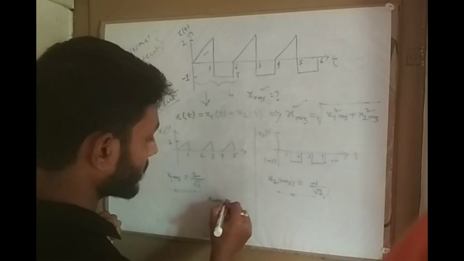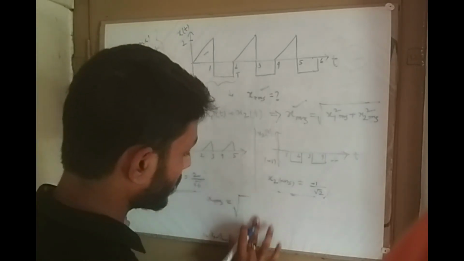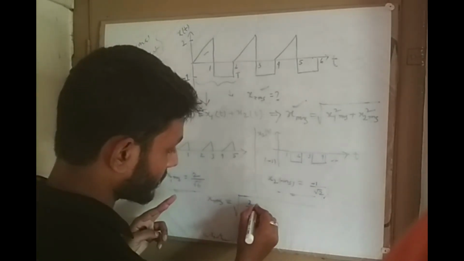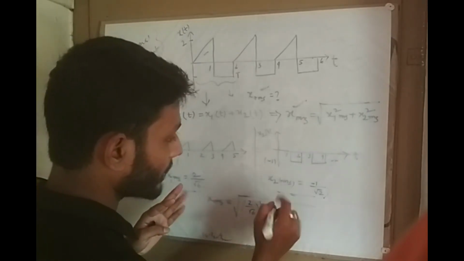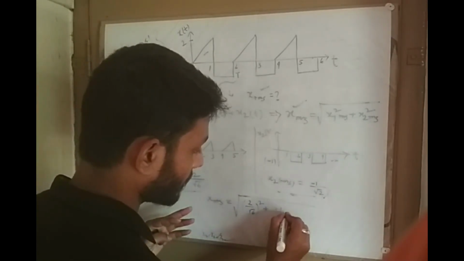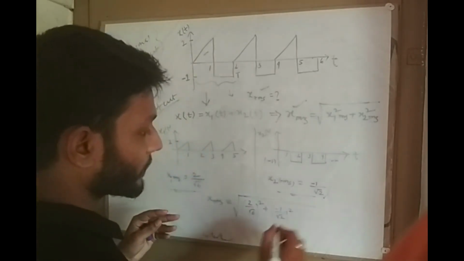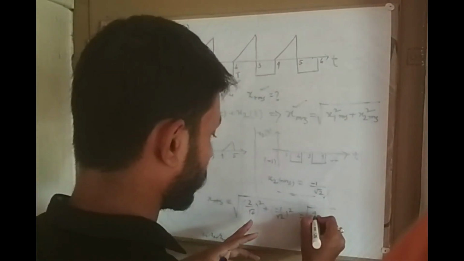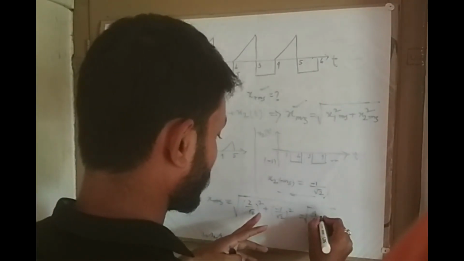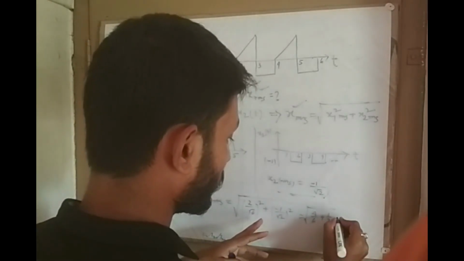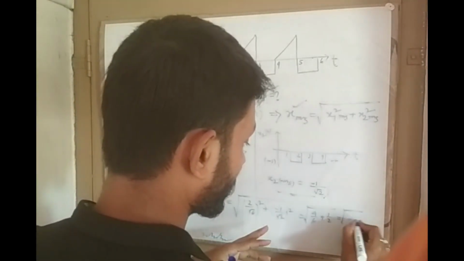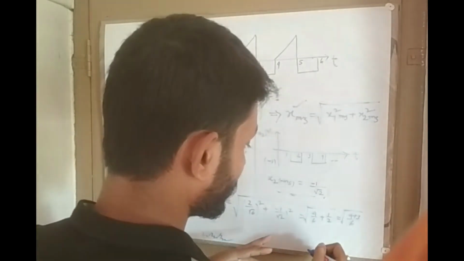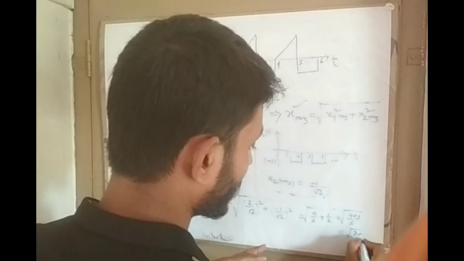Then the overall x RMS value will be root over of x1 RMS, that is 2 divided by root 6, whole square, plus x2 RMS, that is -1 divided by root 2, whole square. So it will become root over of 4 divided by 6 plus 1 divided by 2, so 4 plus 3, root over 7 by 6.